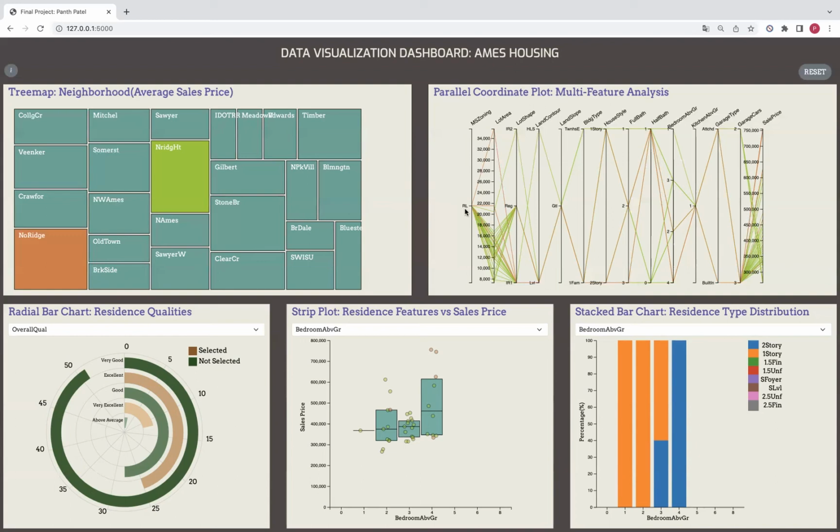Every city has multiple zones associated with it, and this is the low density residential zone.